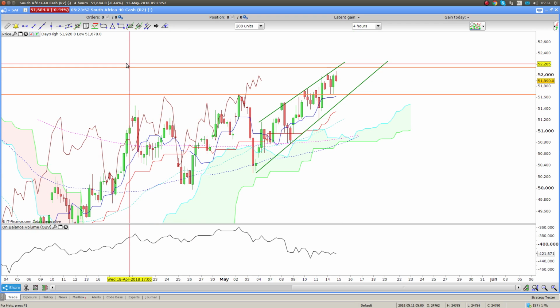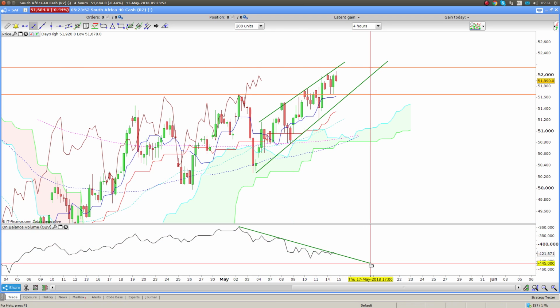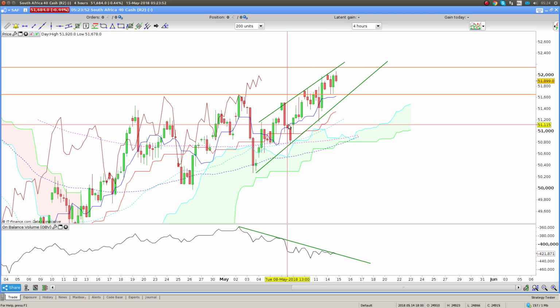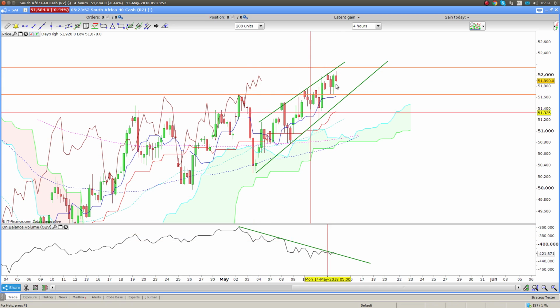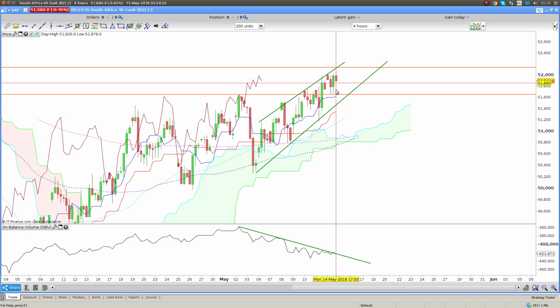The rising wedge has been backed up with some divergences. So this is a textbook rising wedge formation that is setting up, and it's on a higher time frame, being the 4 hour. So there is a very high probability of a downward move brewing at the moment.